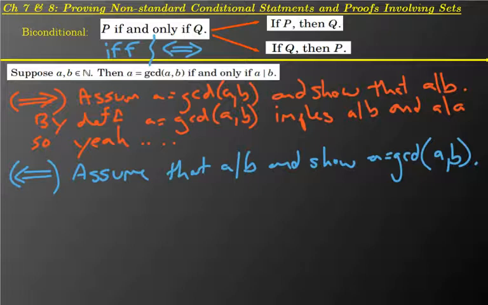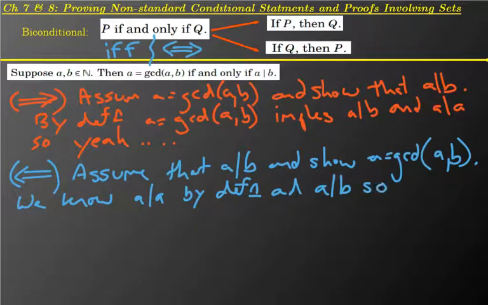There's a little bit more work here. If A divides B, I'm going to also add a simple sentence, let's keep this in blue: we know A divides A by definition, and A divides B. So I'm just going to say we know A is at least less than or equal to the GCD, right?